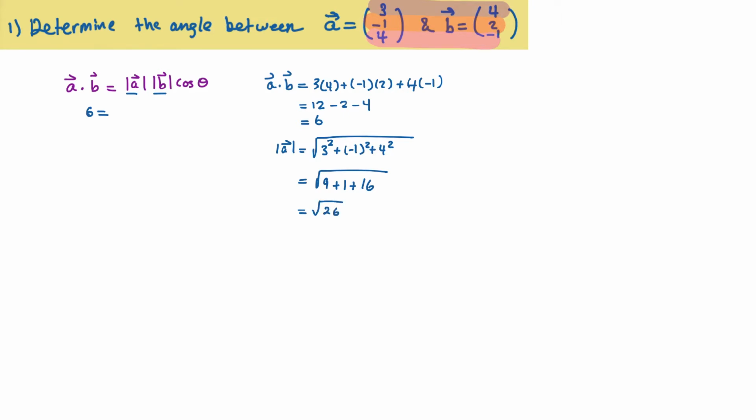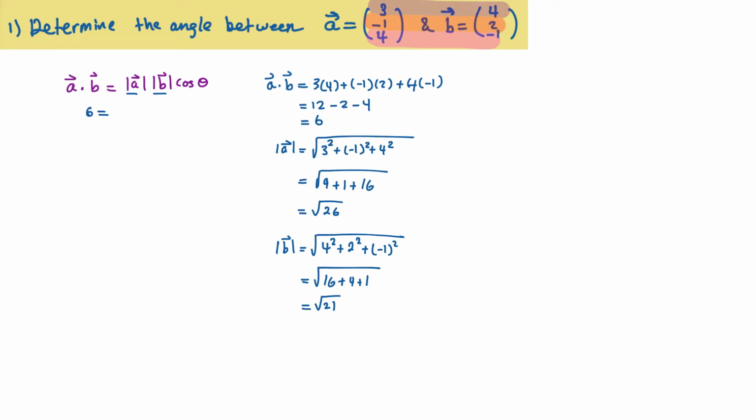The magnitude of B is going to equal root of its x squared, which is 4 squared, the y component squared, which is 2 squared, and the z component squared, which is negative 1 squared. This will be root 16 plus 4 plus 1, which is root 21.